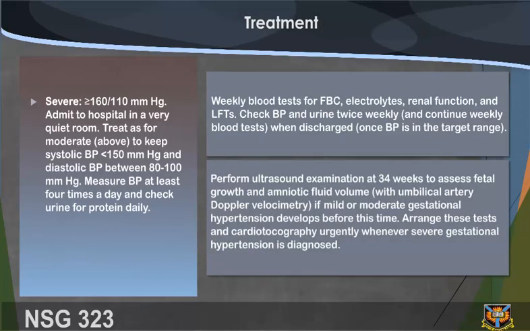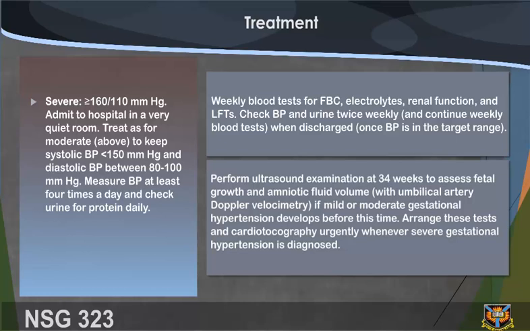Treatment. Severe, greater than 160/110 mmHg. Admit to hospital in a very quiet room. Treat as for moderate above to keep systolic BP less than 150 mmHg and diastolic BP between 80 to 100 mmHg.